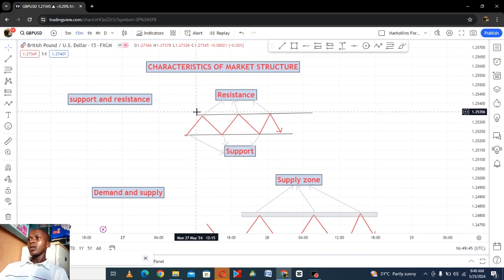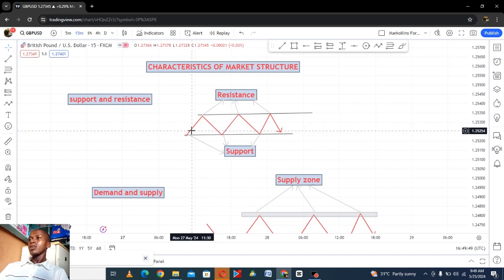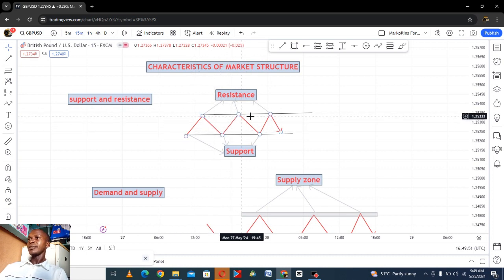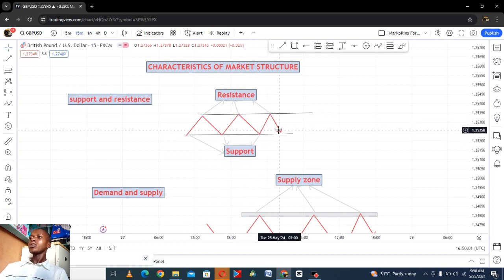We are using this red line to represent the market trend, so these places are the resistance levels. Then those points where the market finds support before it reverses to the upside, those are the support.